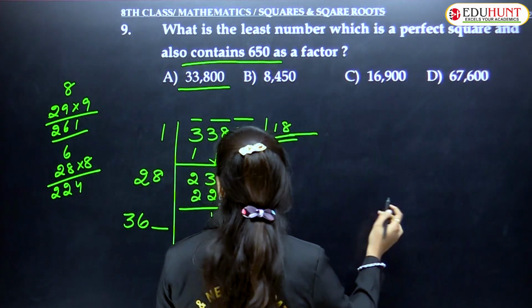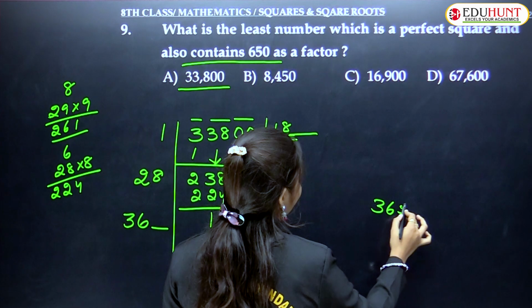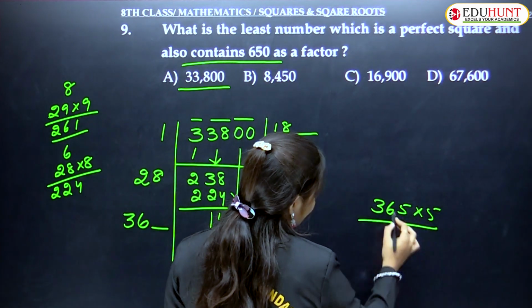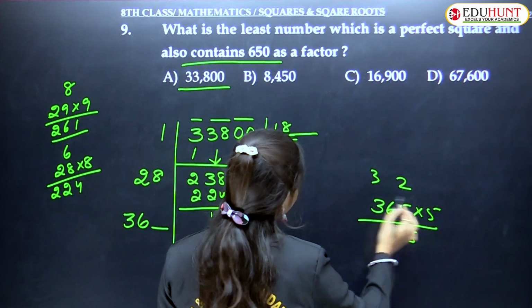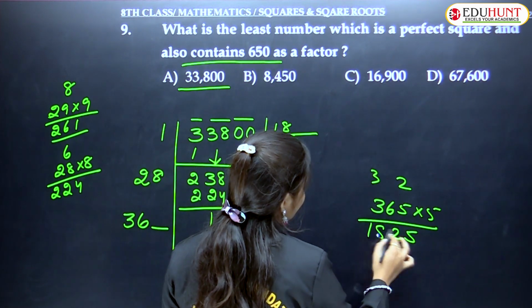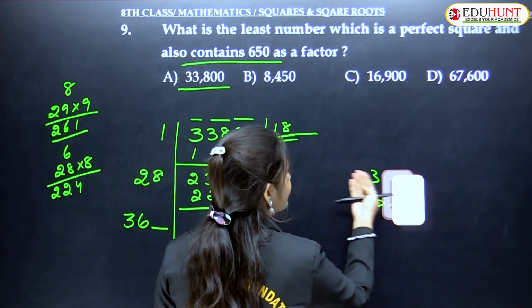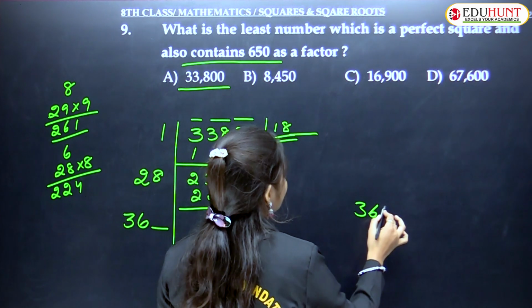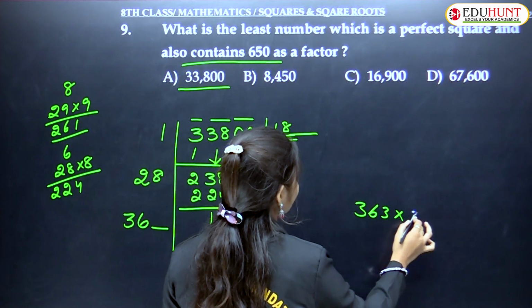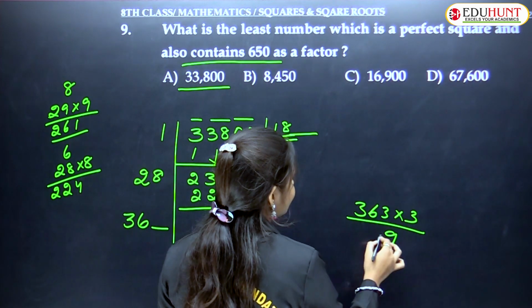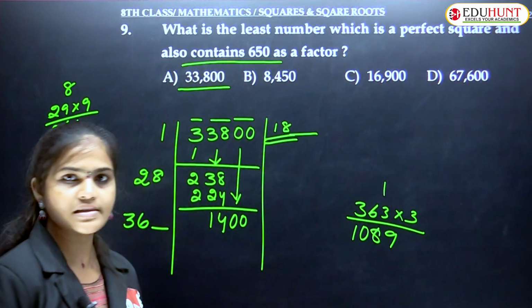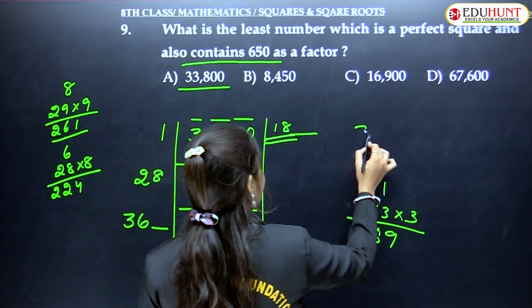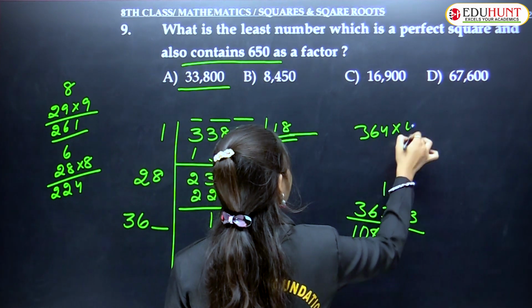So here 365 into 5: 5 5s are 25, 5 6s are 30 plus 2 is 32, 5 3s are 15 plus 3 equals 18. This is also 2 more. So check 36 into 3 into 3: 3 3s are 9, 3 6s are 18, 3 3s are 9 plus 1 is 10. This is very less.